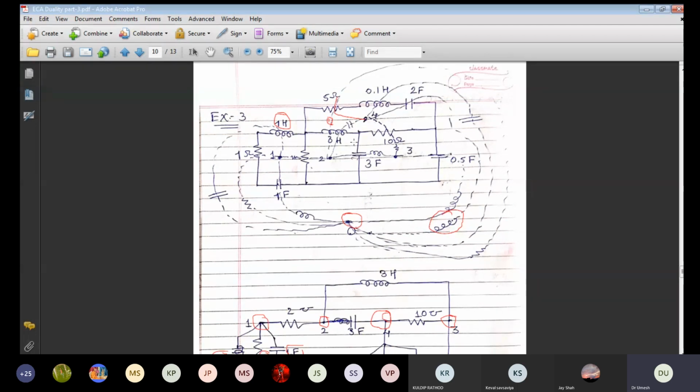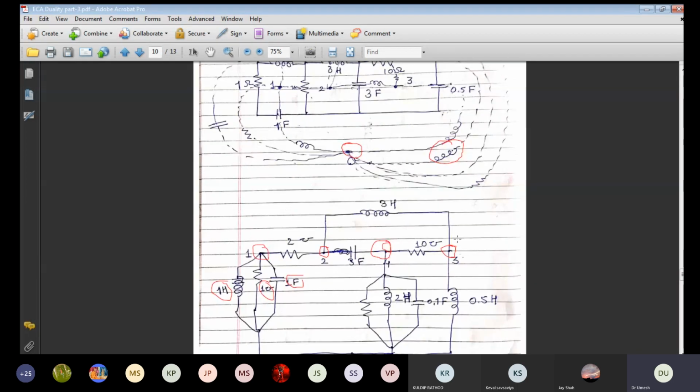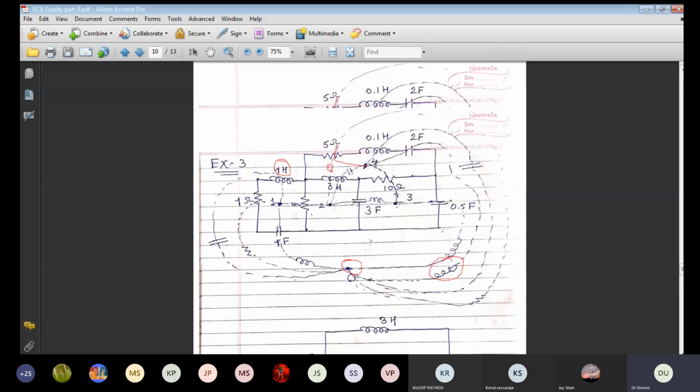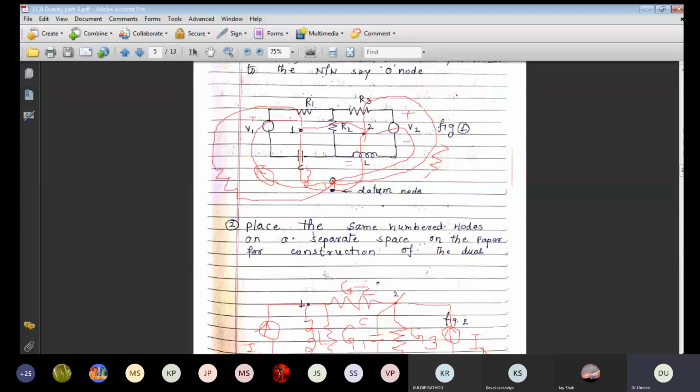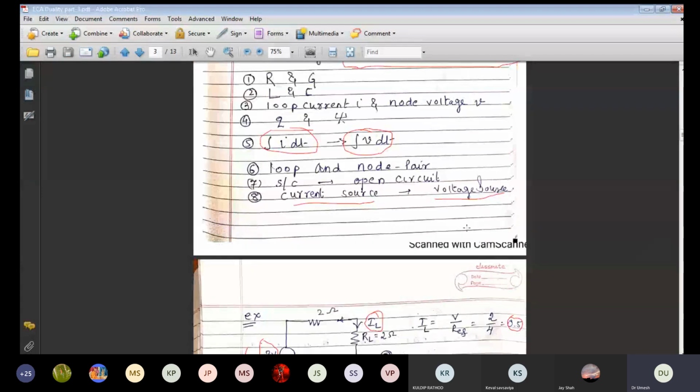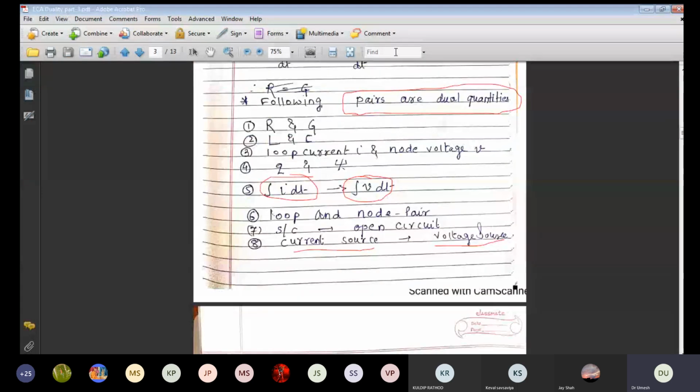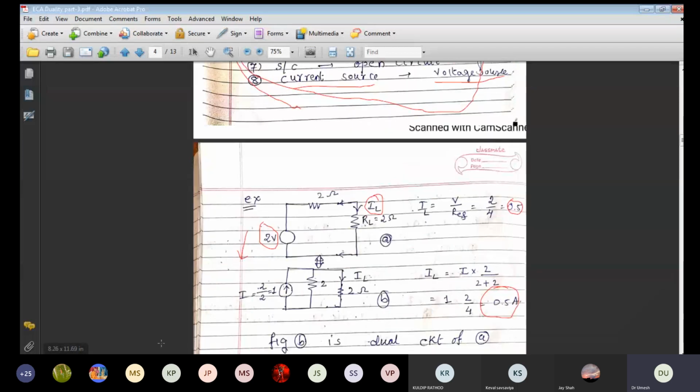So the dual network is a network which shows the exact same format. The format of this circuit's equation will be the same as this, provided we change the parameters, like L with respect to L, what to keep. These parameters I told you, these are the pairs of dual quantities that you should remember. Okay, you should remember this dual network, dual pairs, dual quantities.